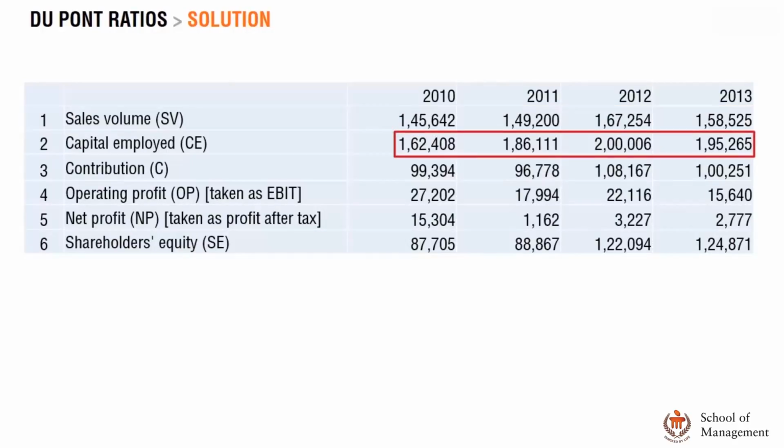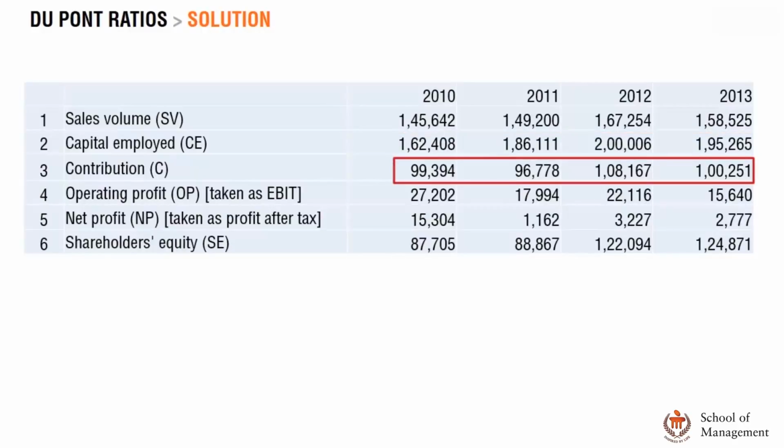The capital employed is a combination of 3 factors. We have the shareholders' equity and the long-term loans taken by the company and the short-term borrowings which are a part of the current liabilities. When you add these 3, you can get the capital employed. Contribution is the sales volume minus variable costs.